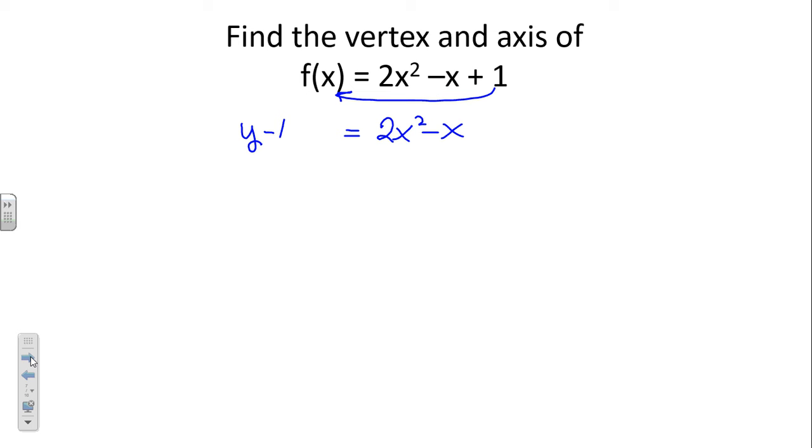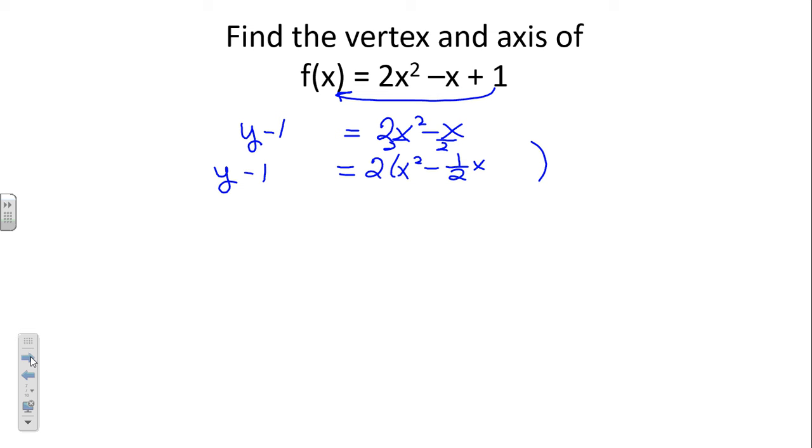So we want to take that 2 out. And when we factor that 2 out, we will have x squared. So if I divide this by 2, I get x squared. What happens if I divide negative x by 2? Negative 1/2. Okay, that's going to be our middle term.